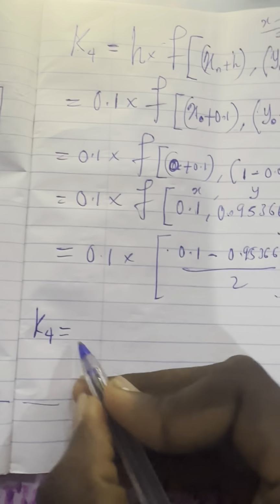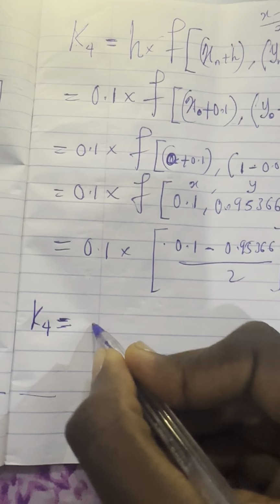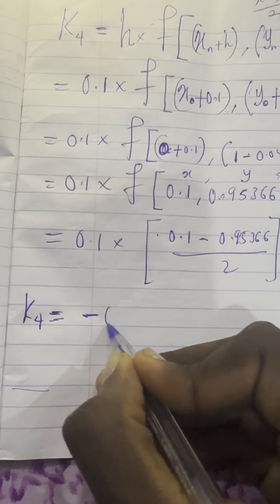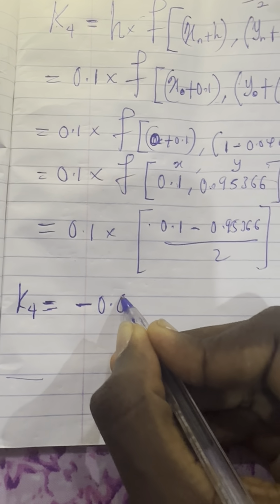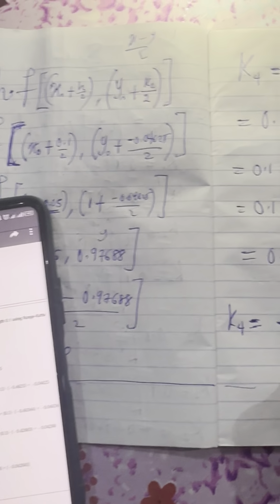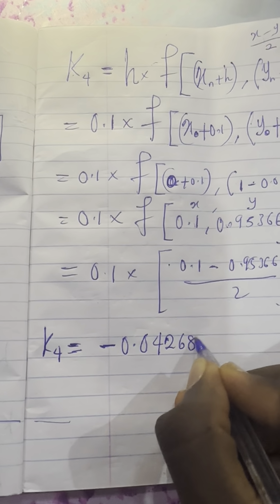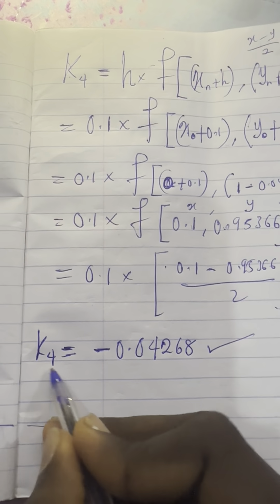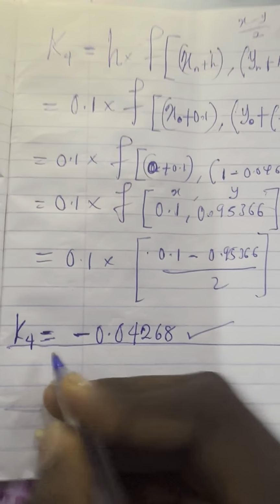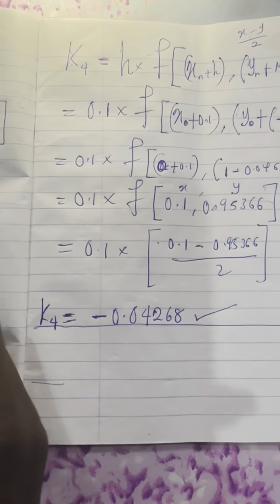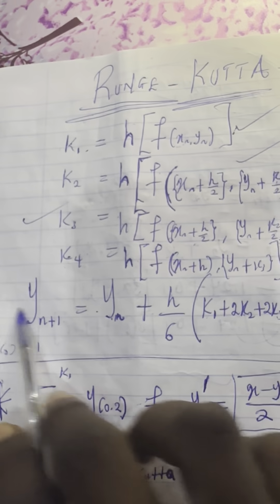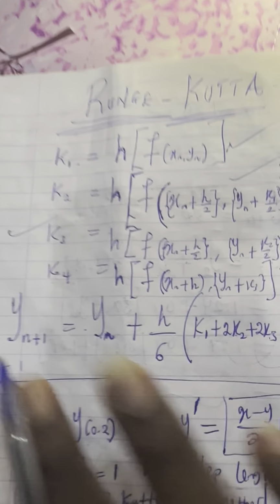If you press all this, our K4 will result to this answer, minus 0.04268. This is what we get as our K4.